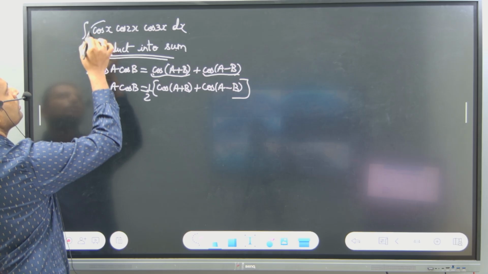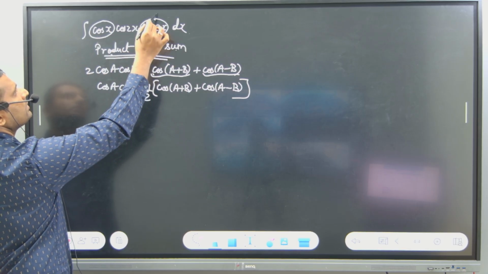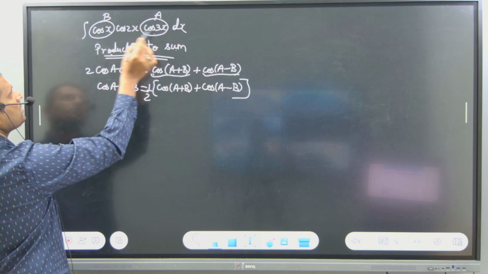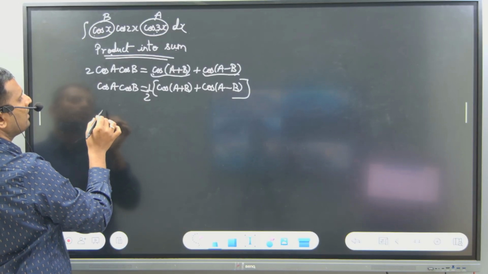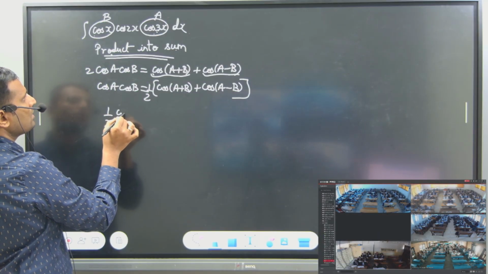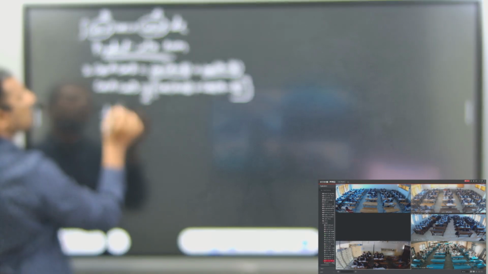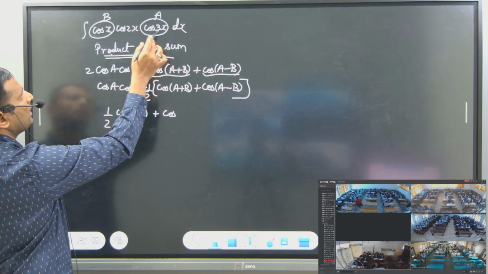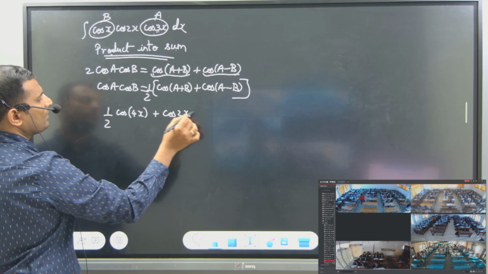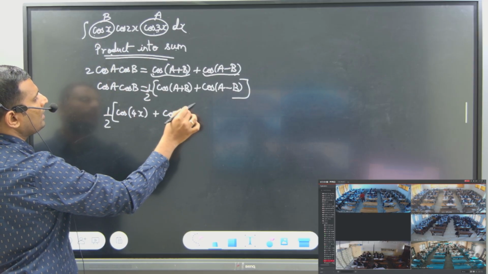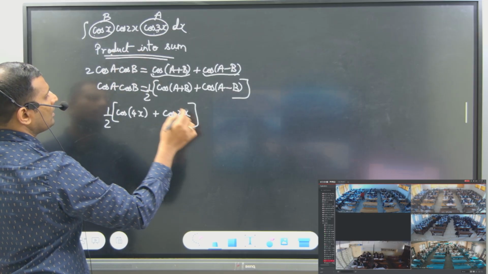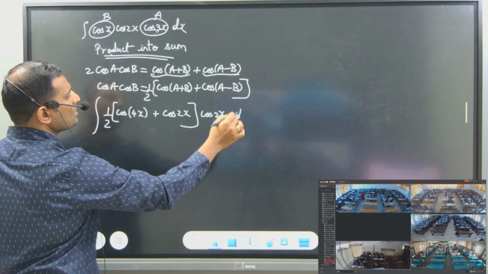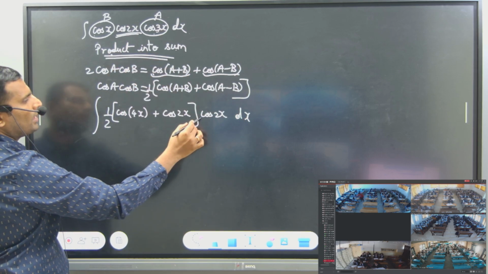Okay. So group this and this. This is your A, this is your B. So cos A into cos B will be half cos of A plus B, that is 4x, plus cos of A minus B, that is 2x. Combining these two terms, we get this. With this there is another term, cos 2x. So cos 2x as it is I am writing.